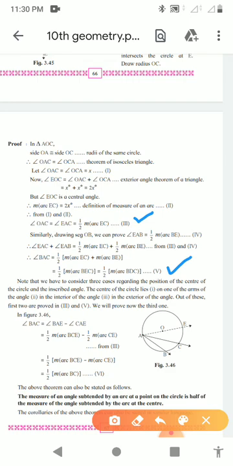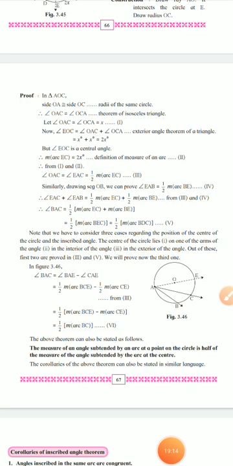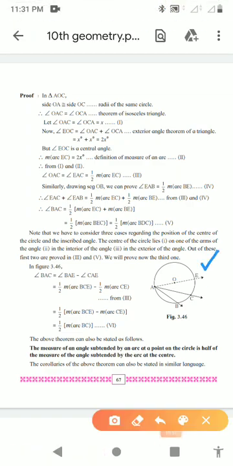Okay, now we have to consider the third criteria, for which we will make some changes, or we will consider only this portion of the diagram of the complete circle. So in this diagram, if we measure the angle BAC, we can write this angle BAC as angle BAE minus angle CAE.